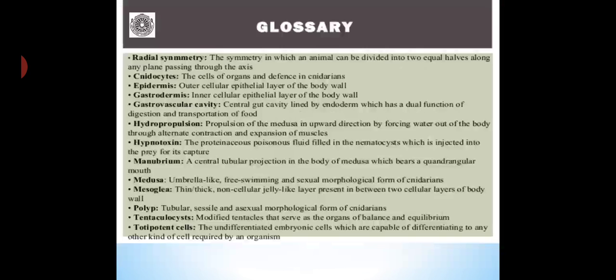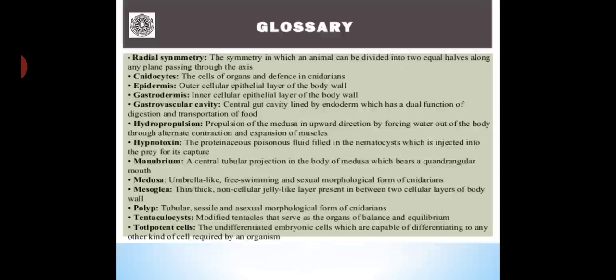Coming to some important terminologies that come under phylum Coelenterata, that is the glossary. Radial symmetry: the symmetry in which an animal can be divided into two equal halves along any plane passing through the axis. Then cnidocytes, the cells of offense and defense in cnidarians.